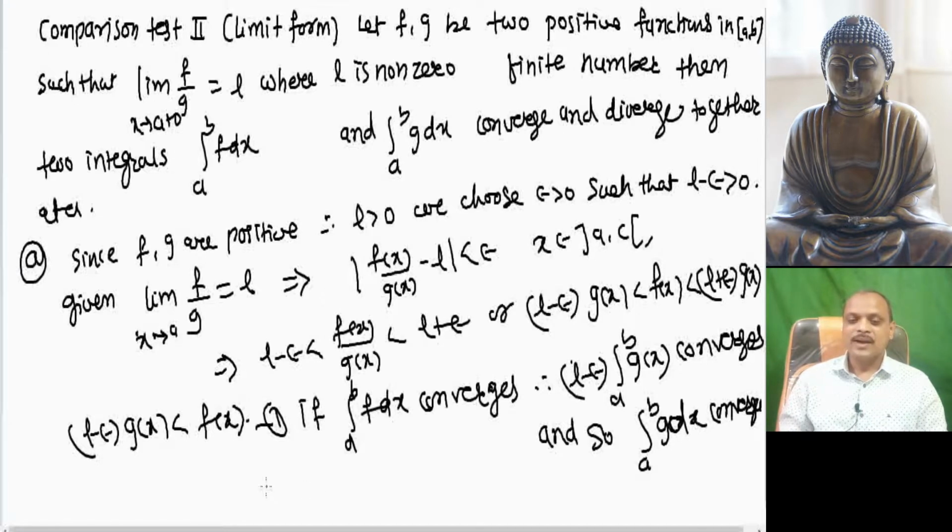And the second part gives me that if g of x is divergent, okay, we had firstly discussed f of x.